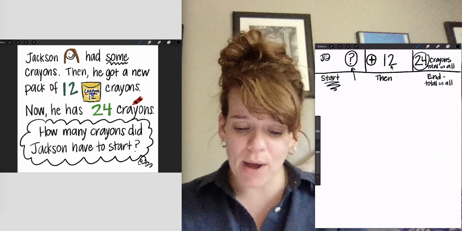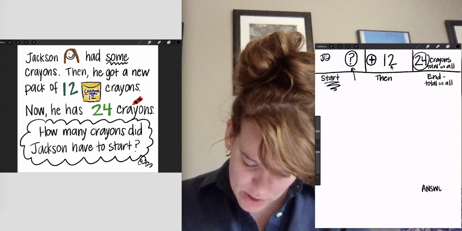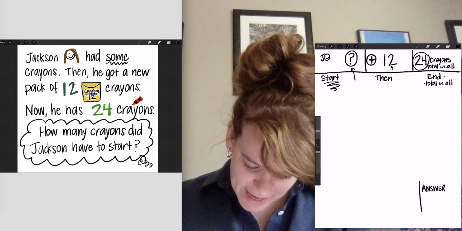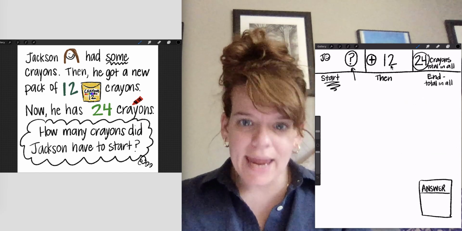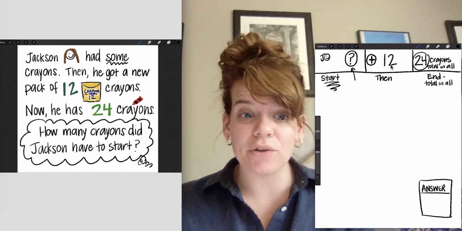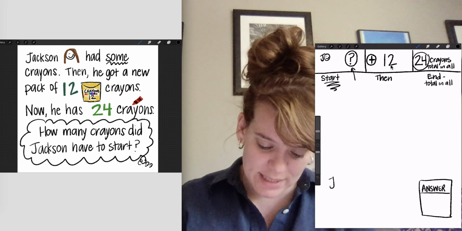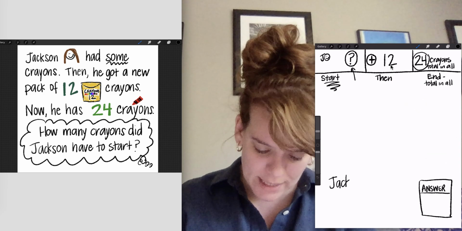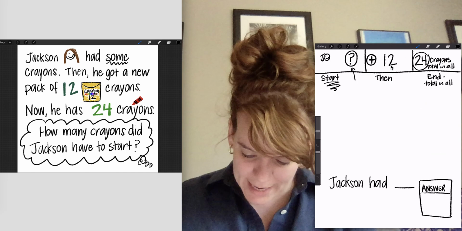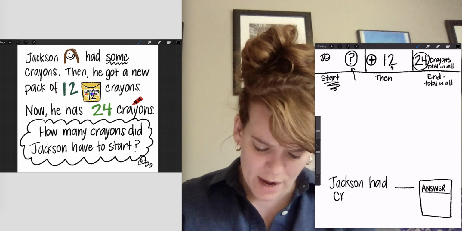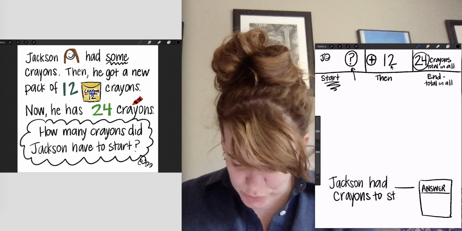Don't forget, at the bottom, you are going to have an answer, not a total. You are going to have an answer. And when you tell me how you solve this problem, you should be able to answer the question, this sentence. You should be able to say this whole sentence. Jackson had blank crayons to start.